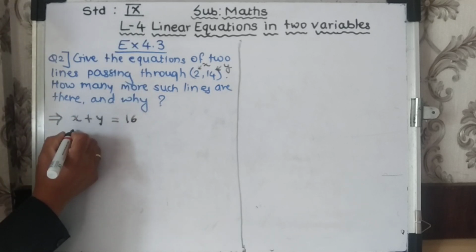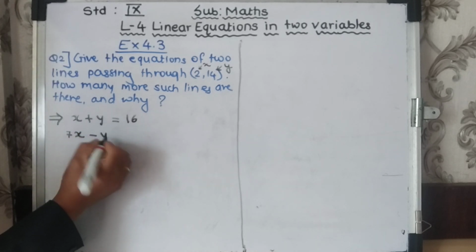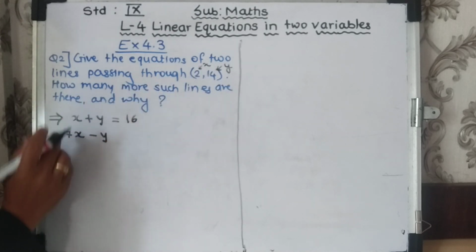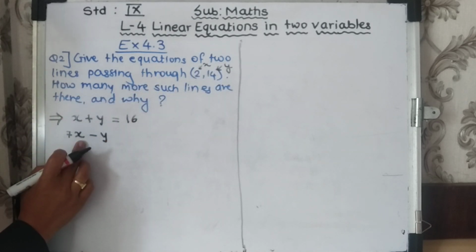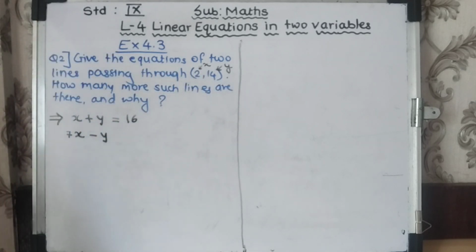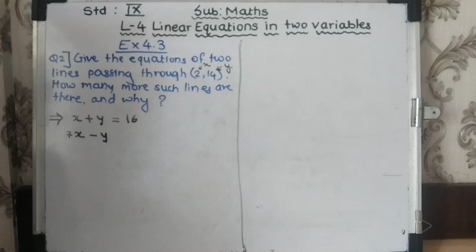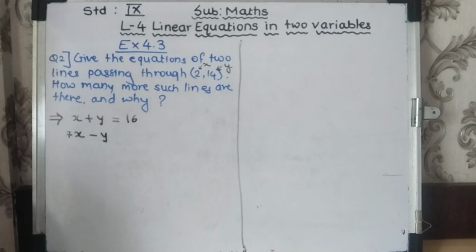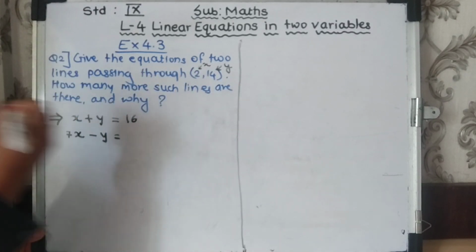You can have another equation also. Suppose I'm taking 7x minus y. 7 into x means 7 into 2. We are just going to replace x and y by these values 2 and 14 and see what we get equal to.